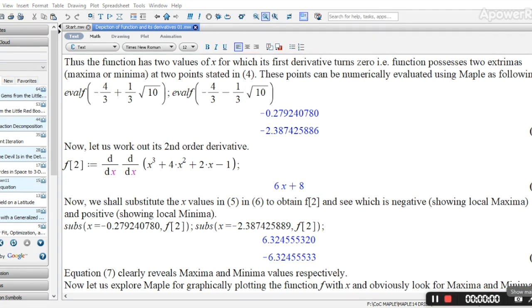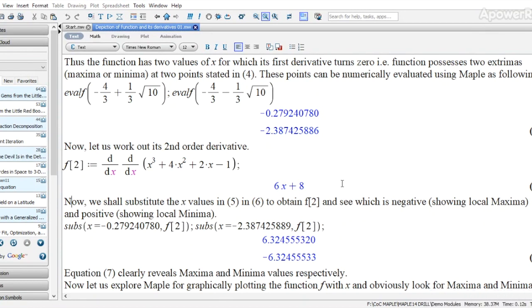If the answer is positive, then the function has minima, and if the answer is negative, the function has maxima. So substituting these values minus 0.27 and minus 2.38, we get the first value positive.